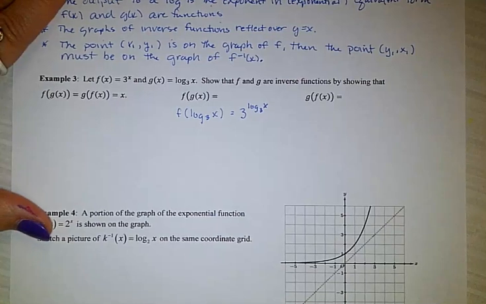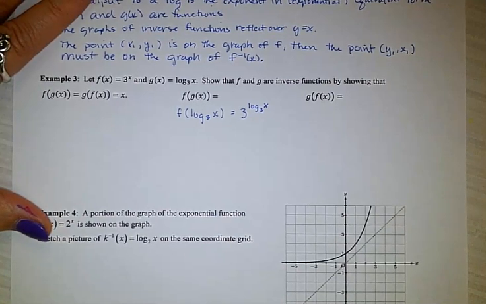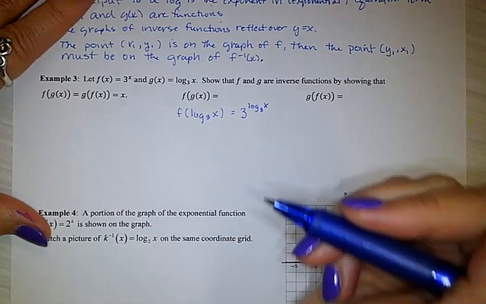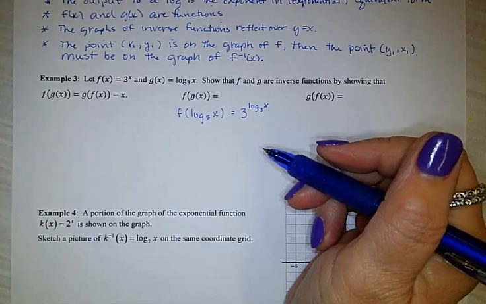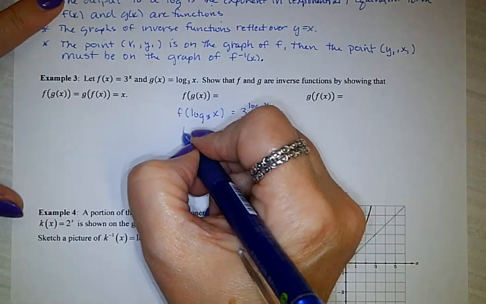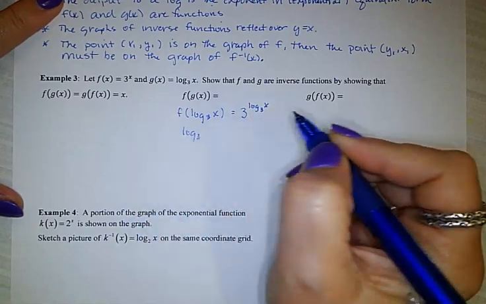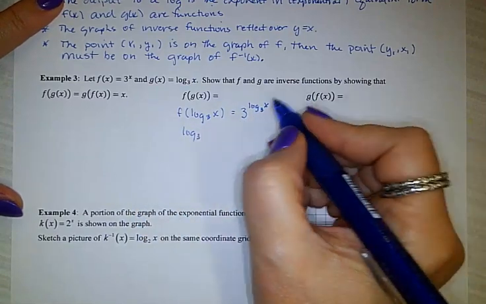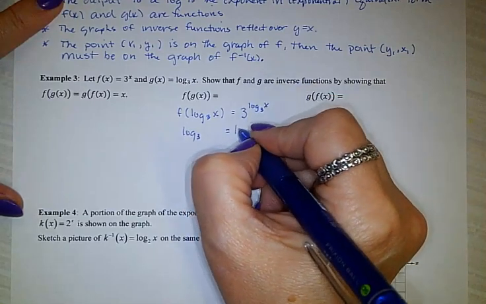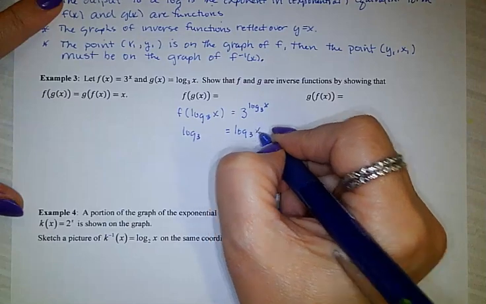So what we're going to do at this point then is use our equivalent forms to rewrite that in a form that will help us answer this question. To do that, remember that the base of the exponent becomes the base of the log. And then the output to a log is the power. So here's my power up here, which is log base 3 of x.